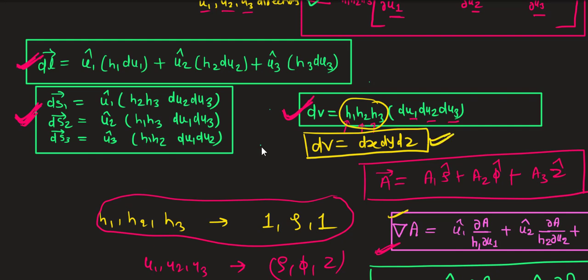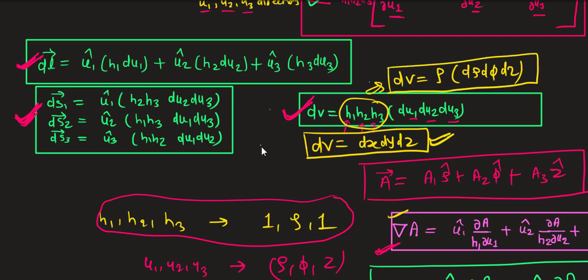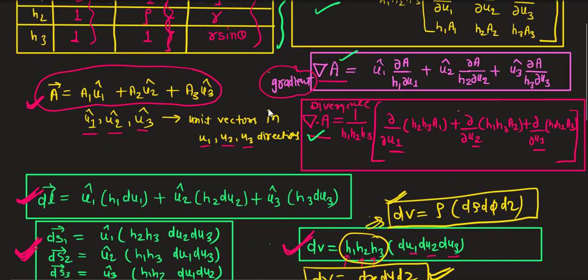For the cylindrical coordinate system, the h1, h2, h3 multiplication would be rho, because it is 1, rho and 1, so dv is rho d rho d phi dz. In this manner you can convert these formulas for any particular coordinate system.